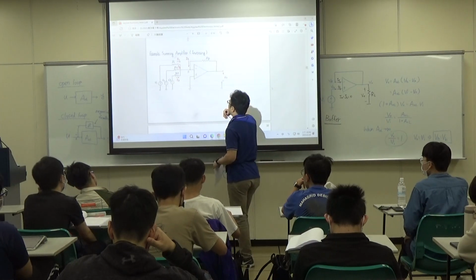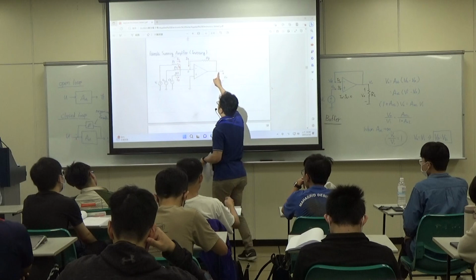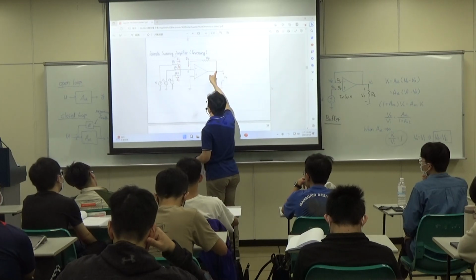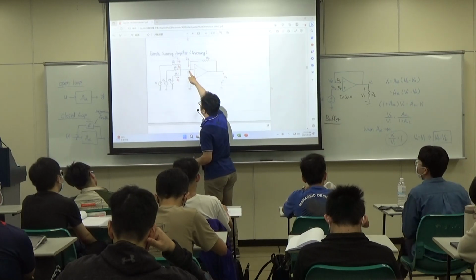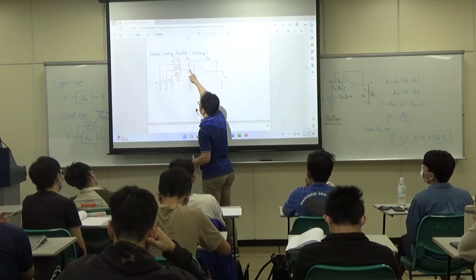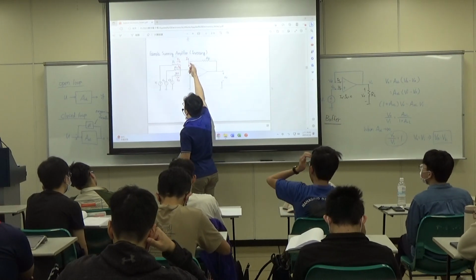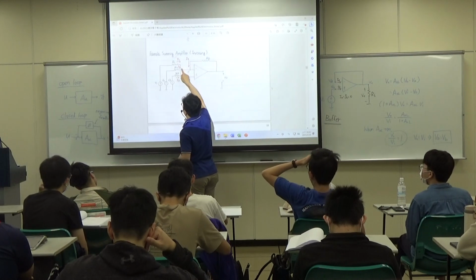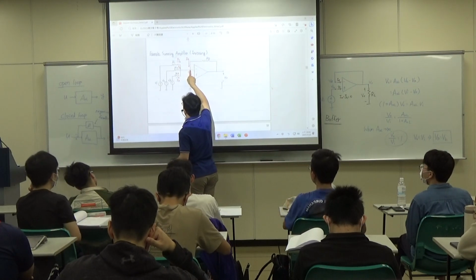And then VO minus 0, divided by RF, is I4. So we assume there's a current coming to A.